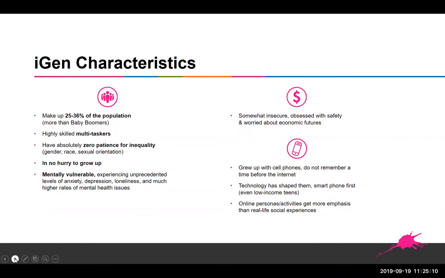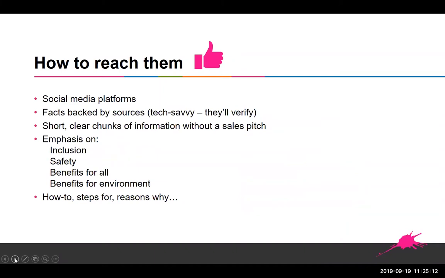So how do we reach these kids? Again, social media is here to stay. This group has enormous networks and relationships with people, companies, brands, causes all over the world on social media. That is where they live. And there's a saying in advertising, if you want to sell hats, go where the heads are.